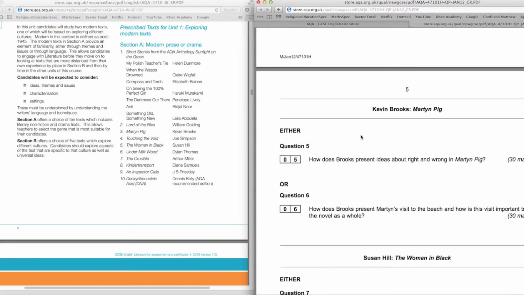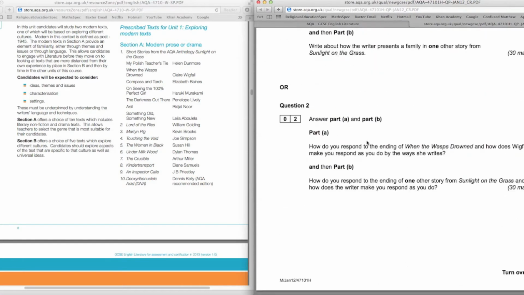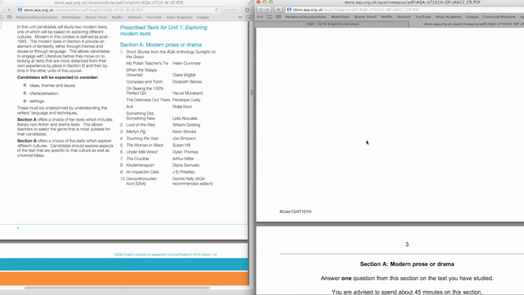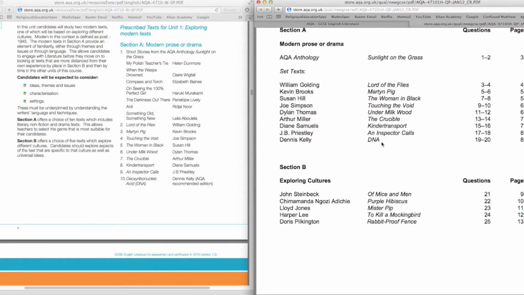And you'll notice they're all 30 marks long. The simple point of this exam is it's very different from a lot of other exams you'll get, where you have different questions, you have space underneath the question to answer it, and the questions are all the same for everyone taking it. It depends upon which stories you are studying currently as to what questions you answer.